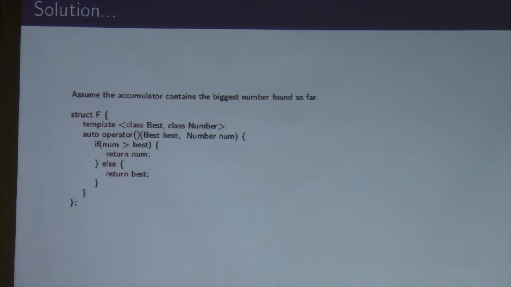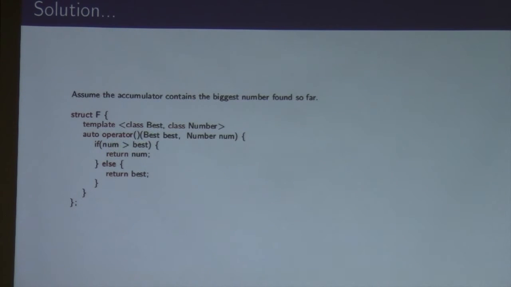Yes, and this is our assumption. But assume that they are comparable. The problem is that we don't know what the return type of this function is. Even if these types are convertible, I mean one of them is convertible to another, it still isn't going to work in this setting. So this is a problem.